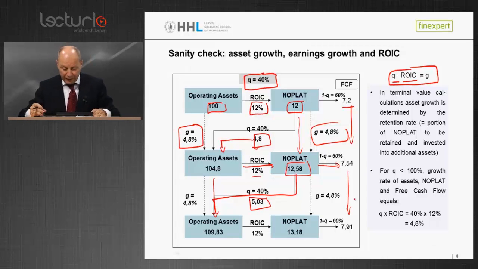So finally, the final step is that we simply use this relation that says that growth is retention times return. Yeah? And as I said, retention drives the asset growth, and here our ROIC figure is then simply the rate of return of our additionally acquired assets that is then transferring our asset growth into earnings growth again.